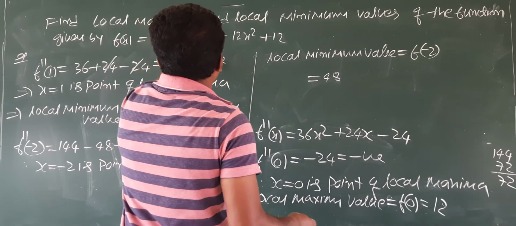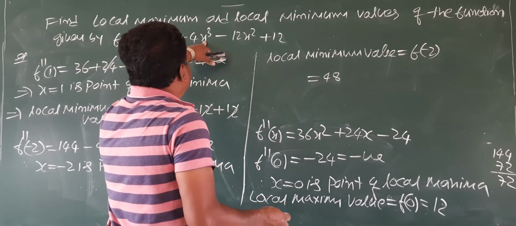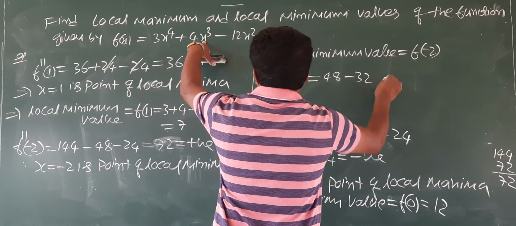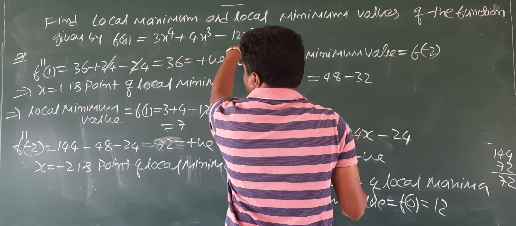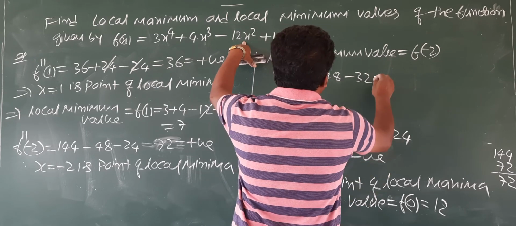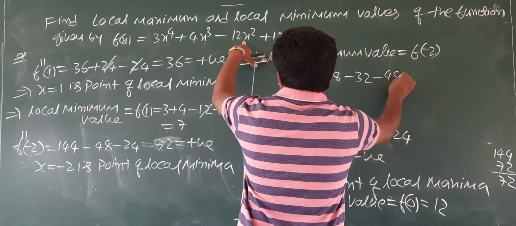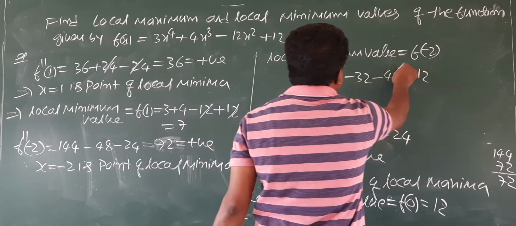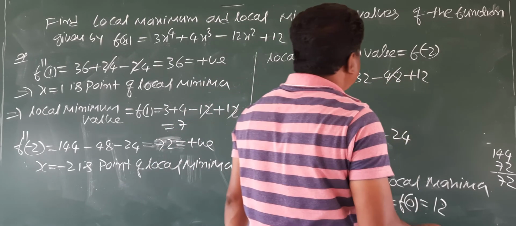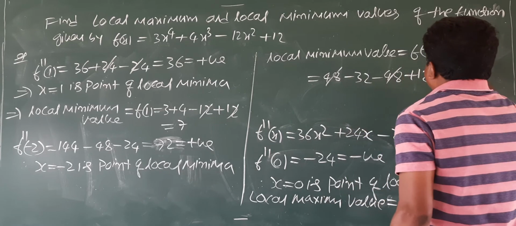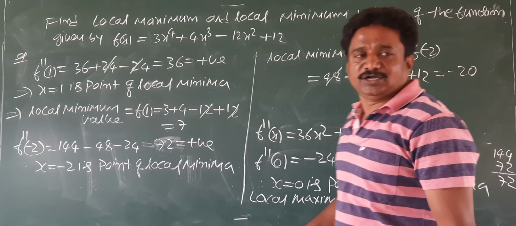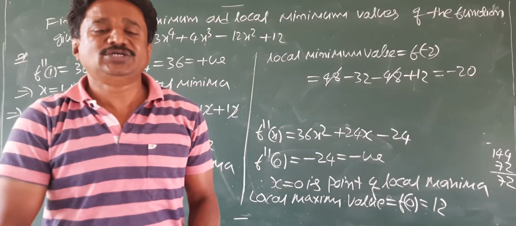Next, minus 2 whole cube is minus 8, 8 4s are minus 32. So minus 2 whole square is 4, 12 4s are 48. Plus 12. You add: minus 48 plus 48 cancels. Minus 32 plus 12, so write minus 20. So I hope you understood, students.